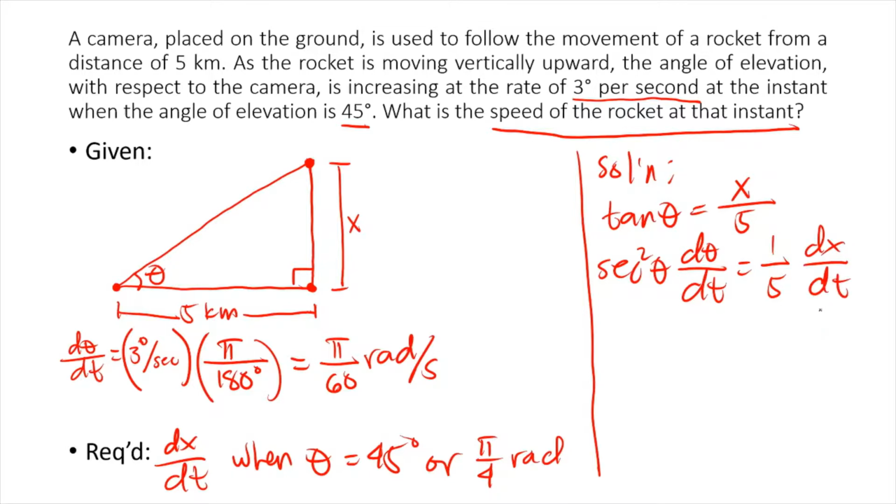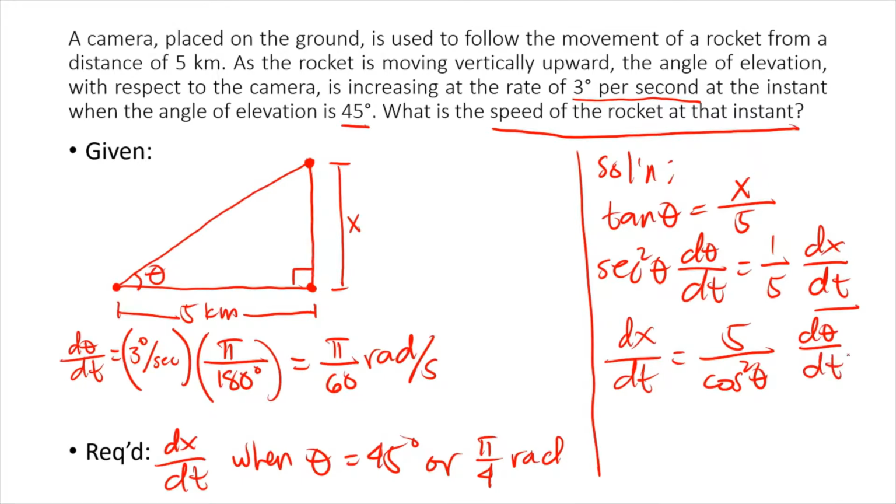Next, we can isolate dx dt because that's what we are required to find. So dx dt equals, cross multiplying 5, we get 5 divided by, the reciprocal of secant is cosine, so 5 divided by cosine squared theta times d theta dt.